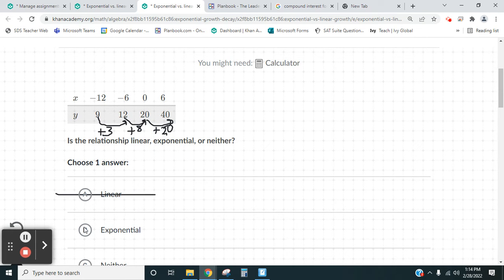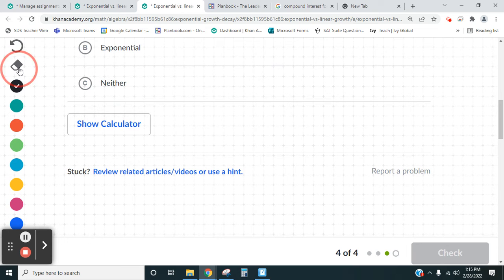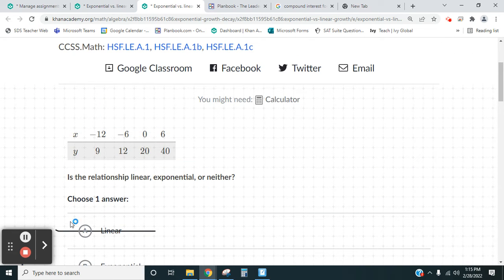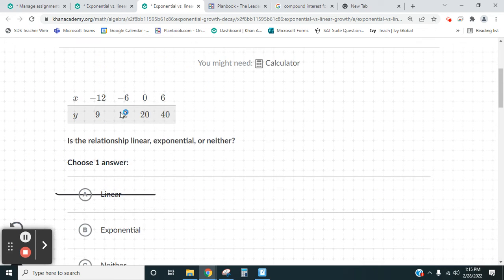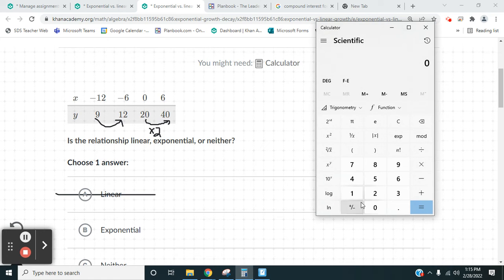Next, it could be exponential. Exponential would require that it's multiplying by the same number each time. However, I can see from there to there, it's times 2. Is this times 2? No. One way you can always work backwards to figure out what they're multiplying by. So let's say you're not real good at fractions.